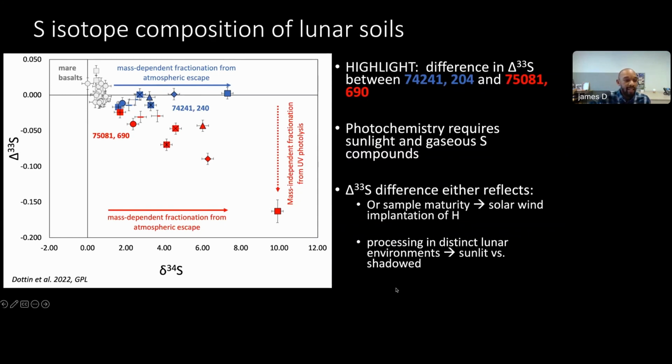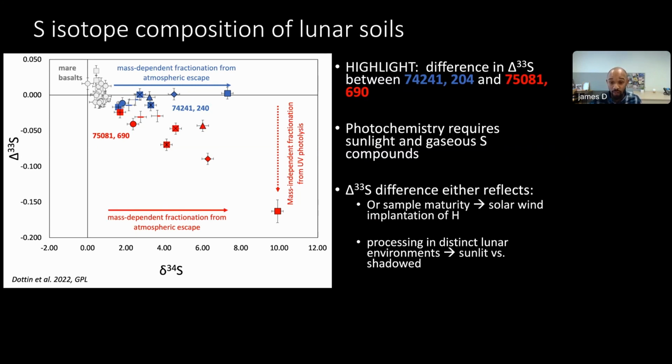Additionally, I think it's important to note and discuss this difference between 74241 and 75081. Why does one soil show mass-independent fractionation and the other one doesn't? Now, what we know is that, at least in the lunar environment, in order to produce Δ33S compositions, photochemistry is required.